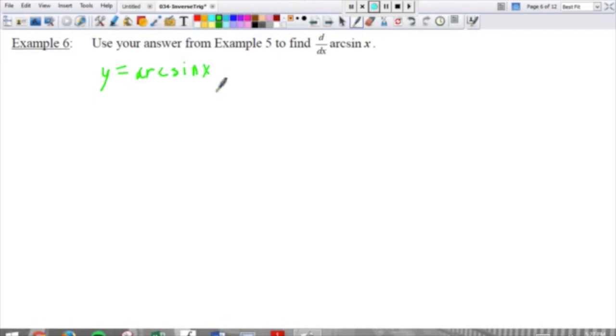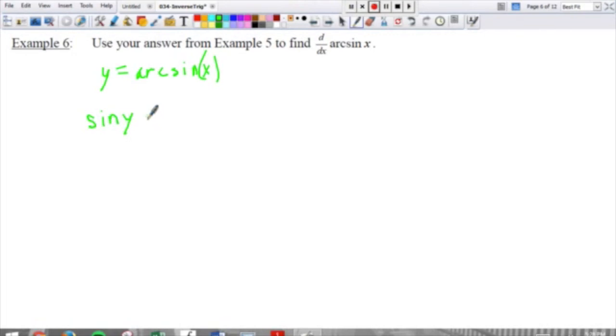Now, if your first instinct is to differentiate both sides, I applaud you. But the problem is we don't know how to take the derivative of arcsine. That's the whole idea, guys. So instead, take sine of both sides. Undo arcsine.